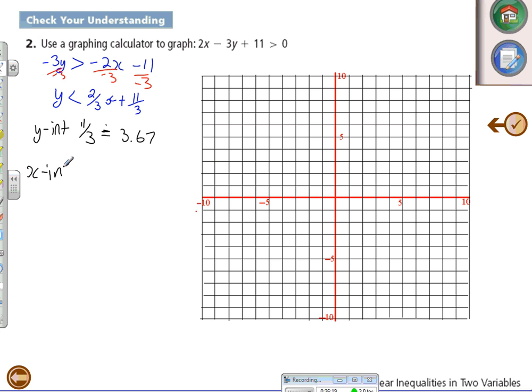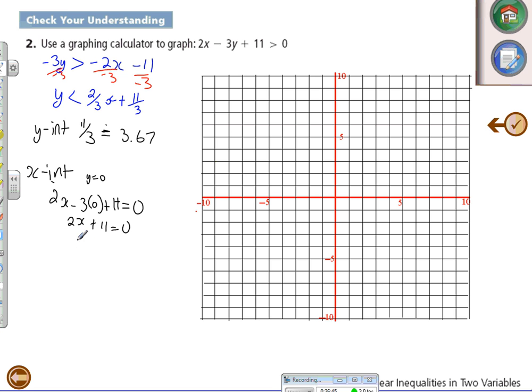My x-intercept, we're going to find that by plugging in a y of 0. 2x minus 3 times 0 plus 11 equals 0. And when we're finding the intercepts, we can just use the equal, because we're trying to find out what the x-intercept equals. 2x plus 11 equals 0.